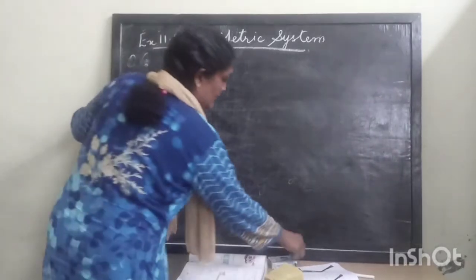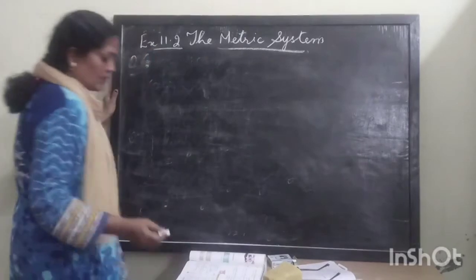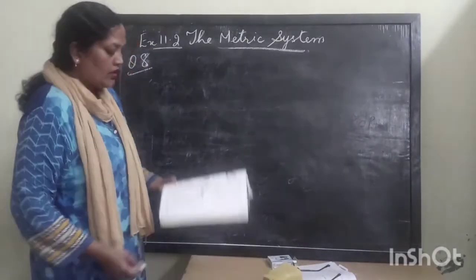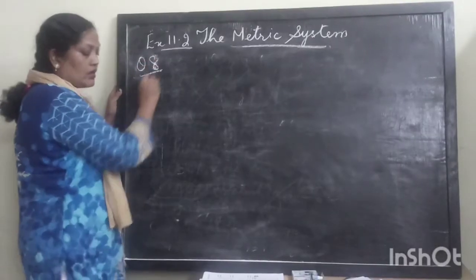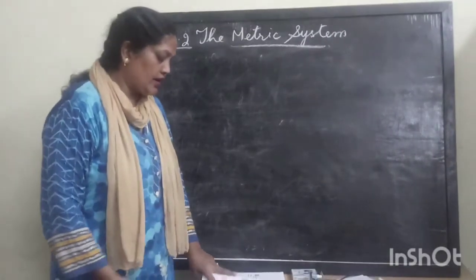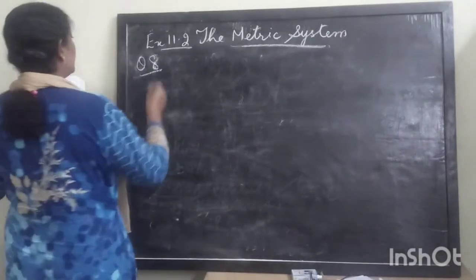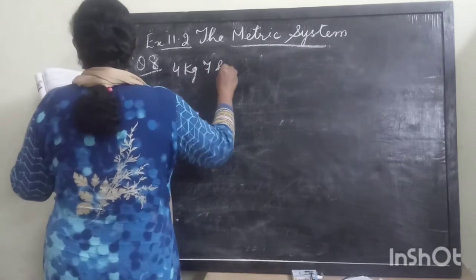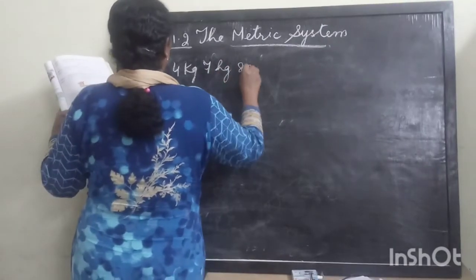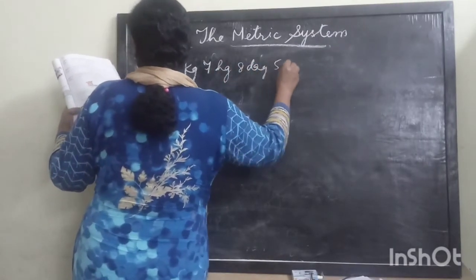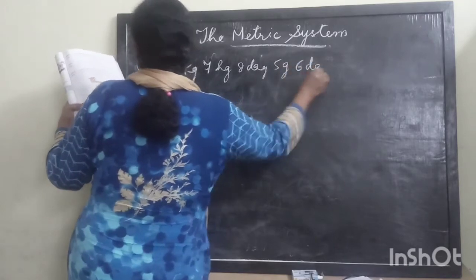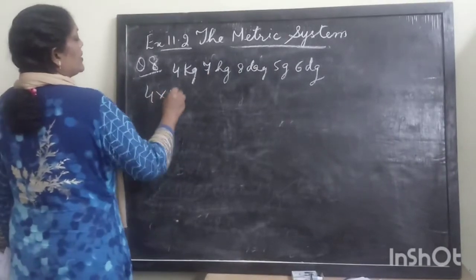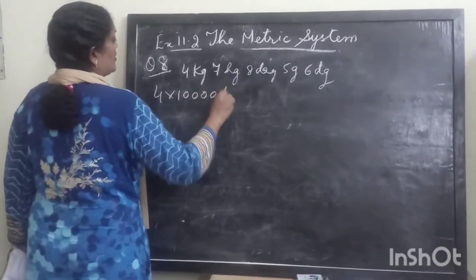Come to next question. Question number 8. Convert into decigrams. 4 kilogram, 7 hectogram, 8 decagram, 5 gram, 6 decigram. 1 kilogram is 10,000 decigram, 4 zeros.